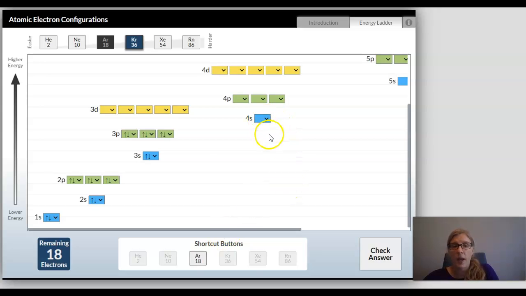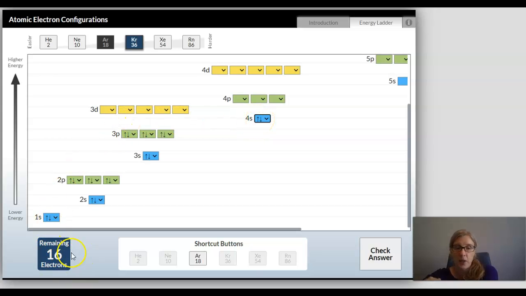But then my next 2 electrons are actually going to go into the 4s orbital, because this is one of those places where the energy pattern doesn't follow the direct number order, right? So the 4s sublevel here is actually lower in energy than the 3d sublevel is. So the electrons will fill in there first.